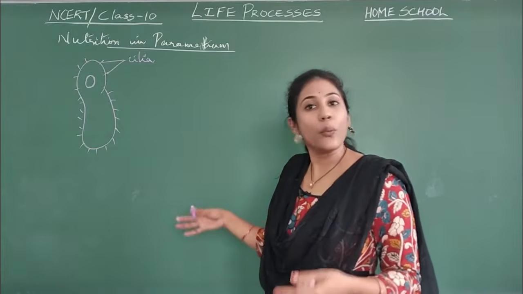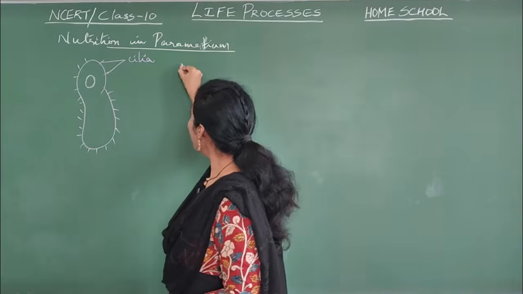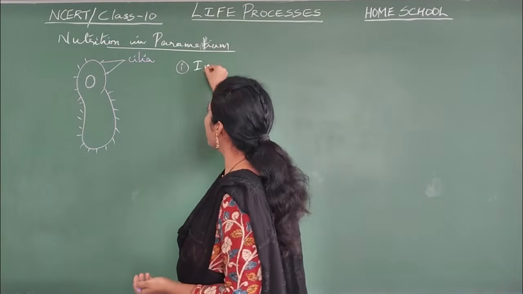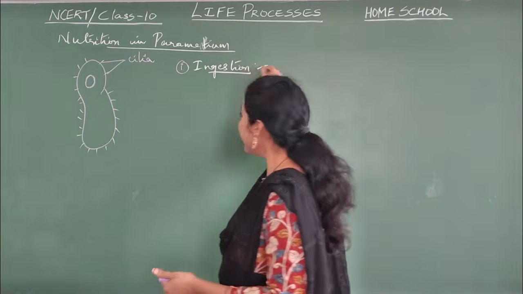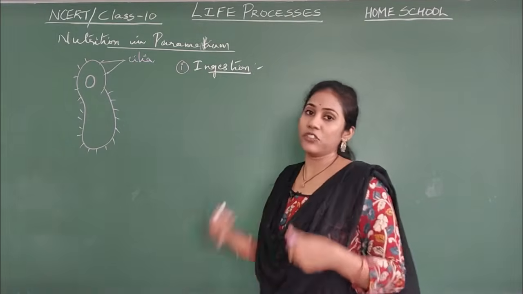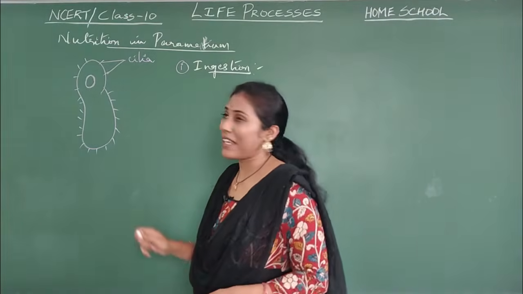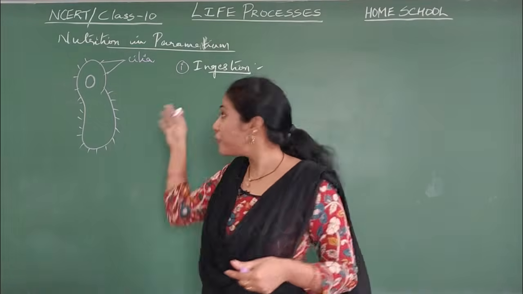You are familiar with the steps of nutrition, isn't it? So what is the first step here? Ingestion. So what do you mean by ingestion? Intake of food is called ingestion. So how does ingestion happen in case of paramecium? How does a paramecium take food inside?